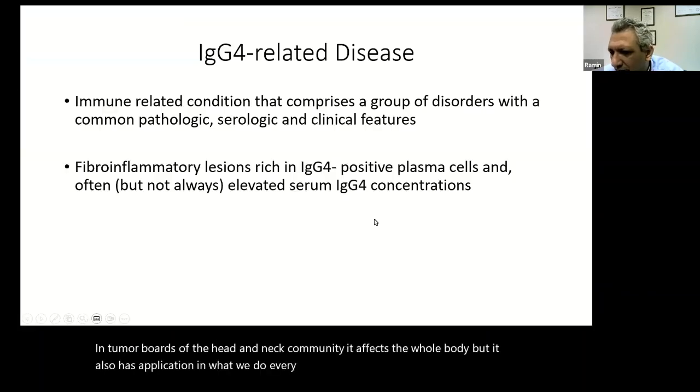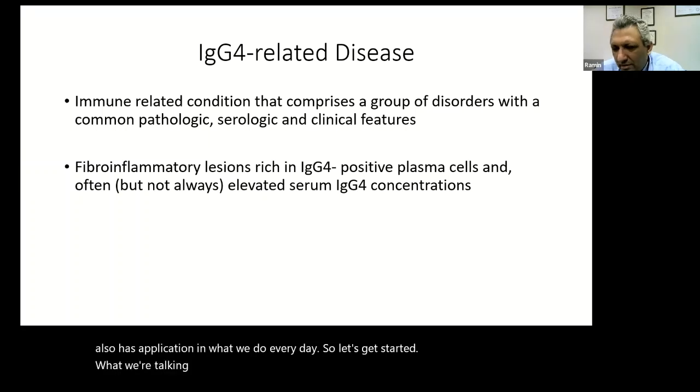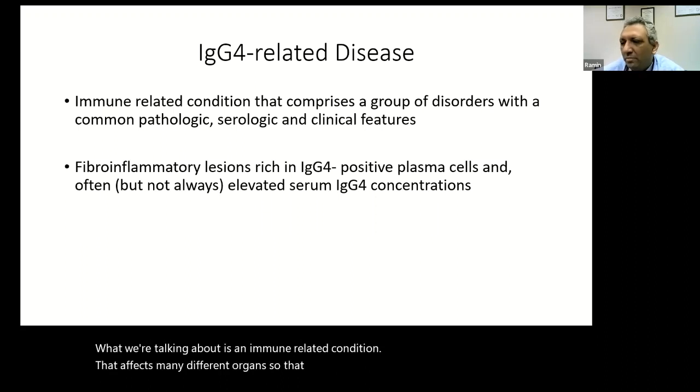So let's get started. What we're talking about is an immune-related condition that affects many different organs. It comprises a group of disorders with common pathologic, serologic, and clinical features.